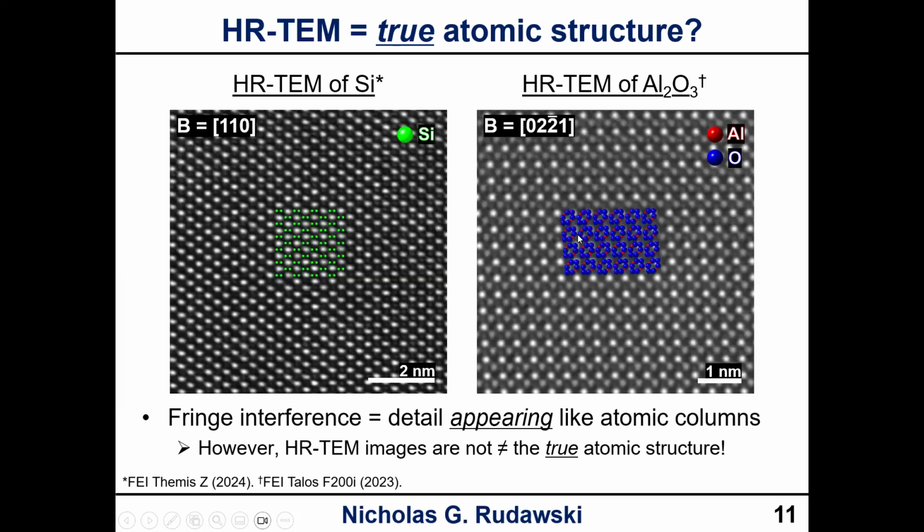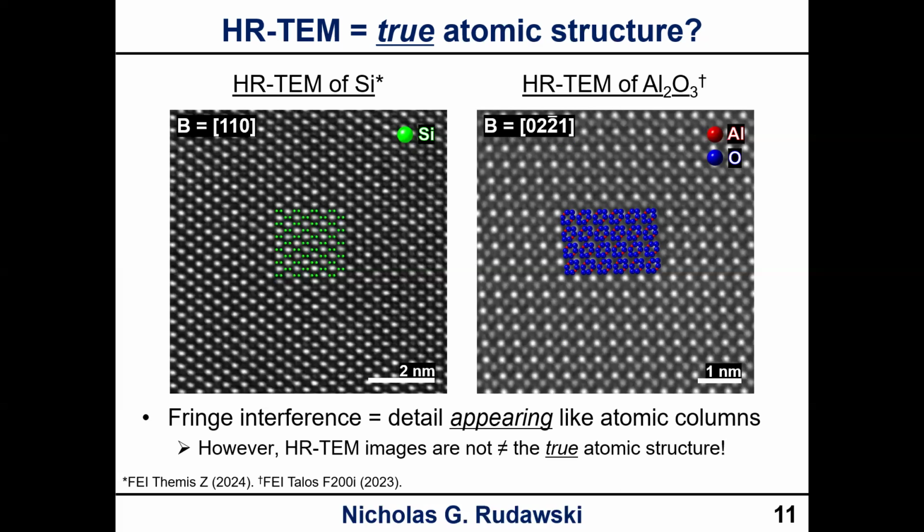But if we actually impose the projected structure at the same scale, again, it doesn't look anything like what we see in the high-res image. And again, I don't even know for sure if that is the correct placement of the projected structure.